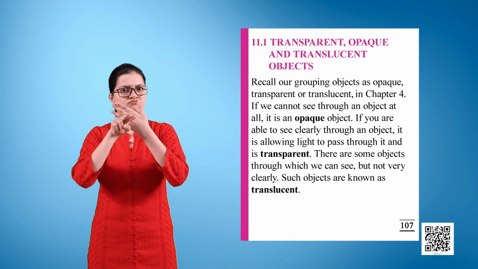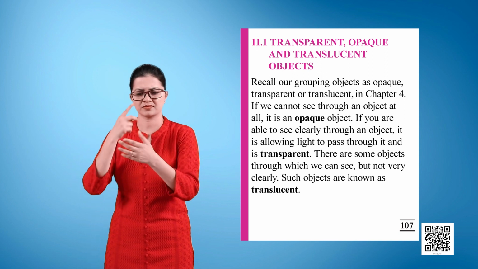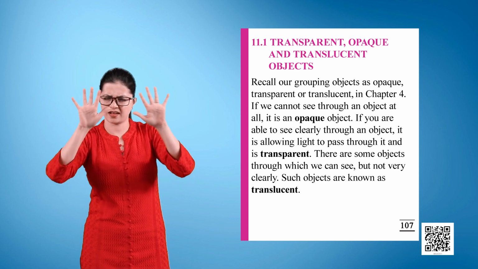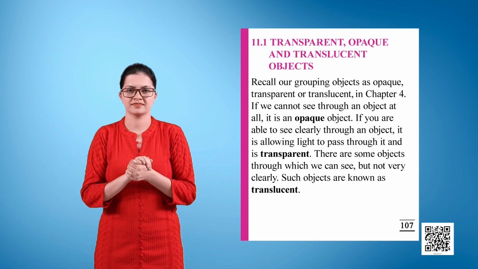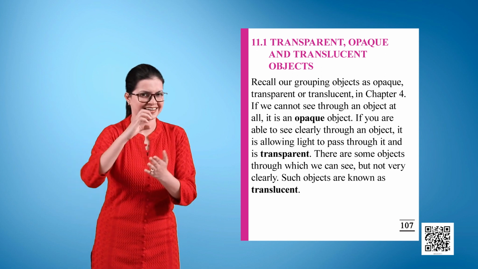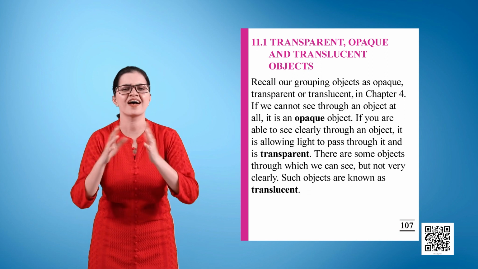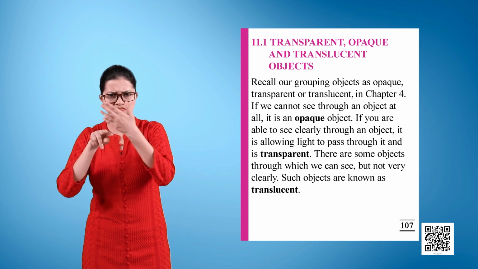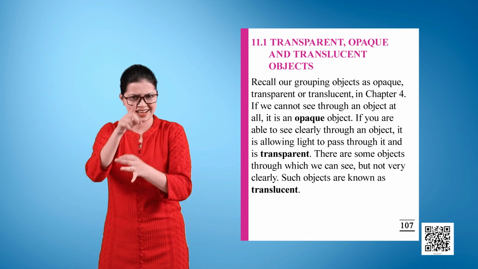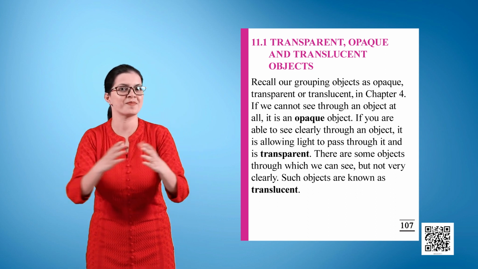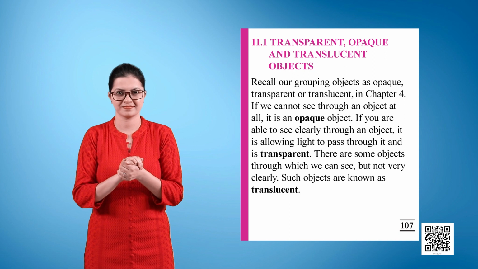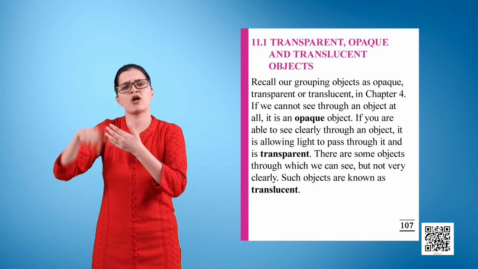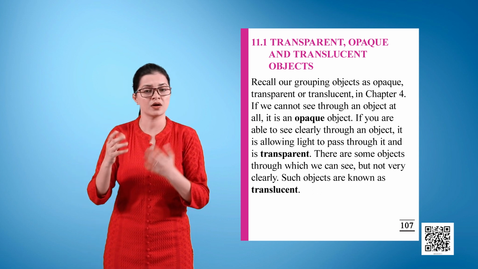Transparent, opaque and translucent objects. Recall our grouping objects as opaque, transparent or translucent in Chapter 4. If we cannot see through an object at all, it is an opaque object.